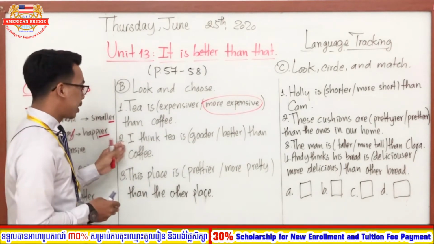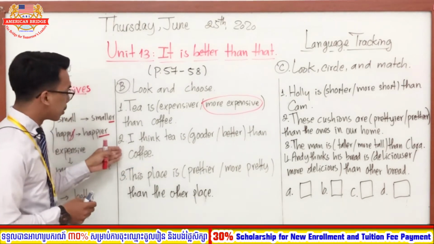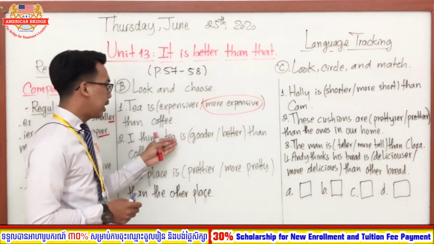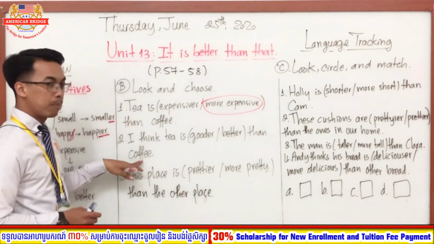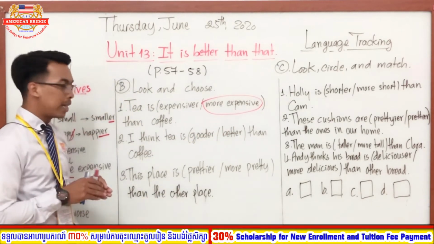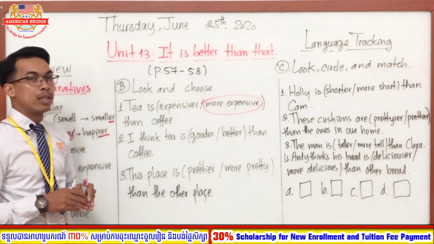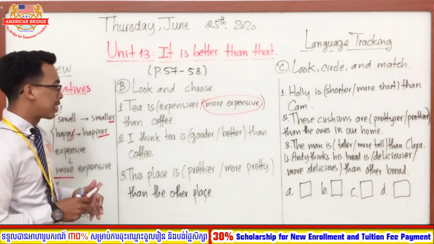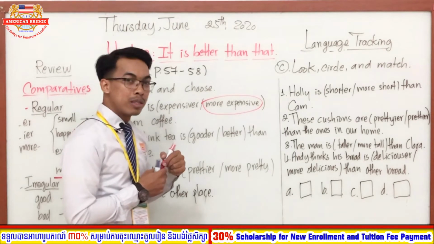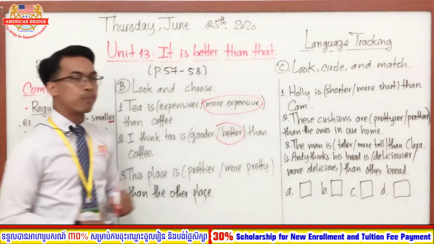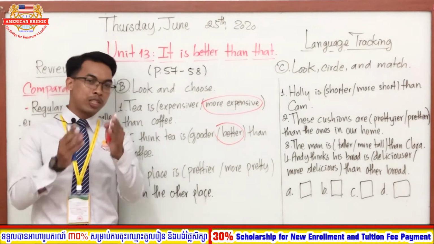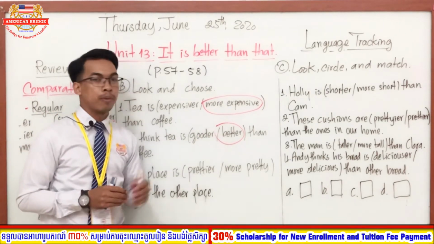Now let's move on to the second one. Number 2: I think tea is gooder, better than coffee. Which one is the correct answer, everyone? Yes, very good. First or second? Yes, second. Good. Why did you choose the second, everyone? Can you tell me the reason why you chose better?